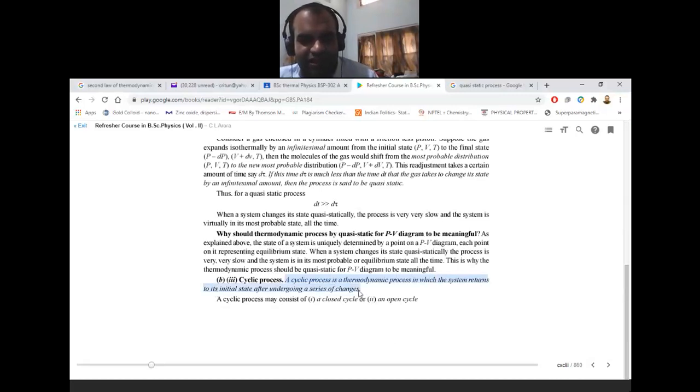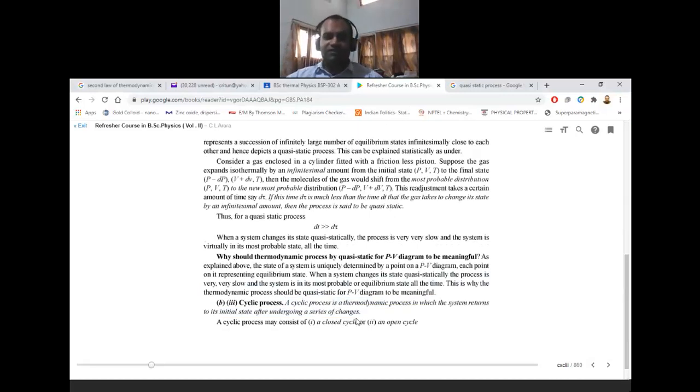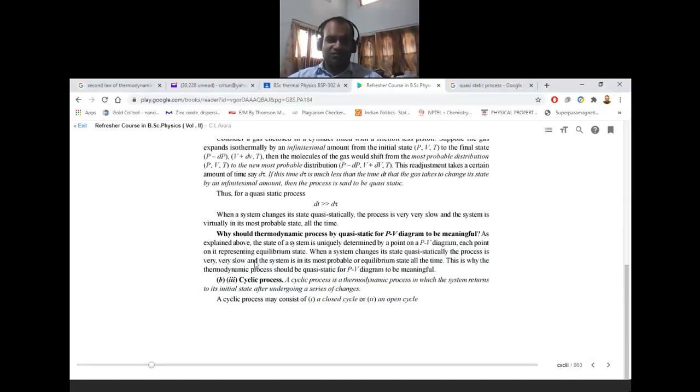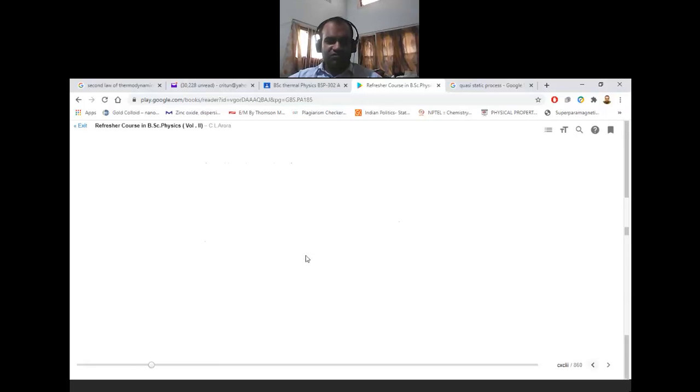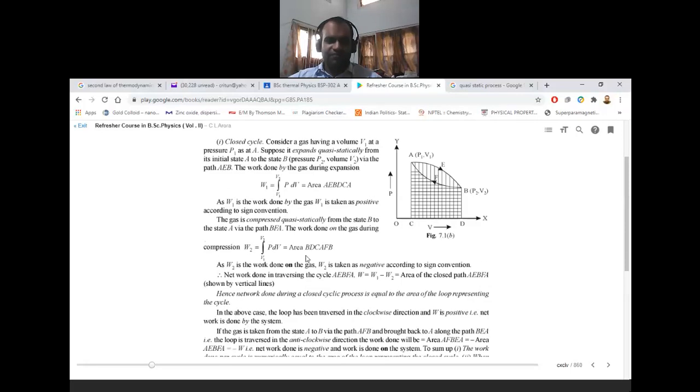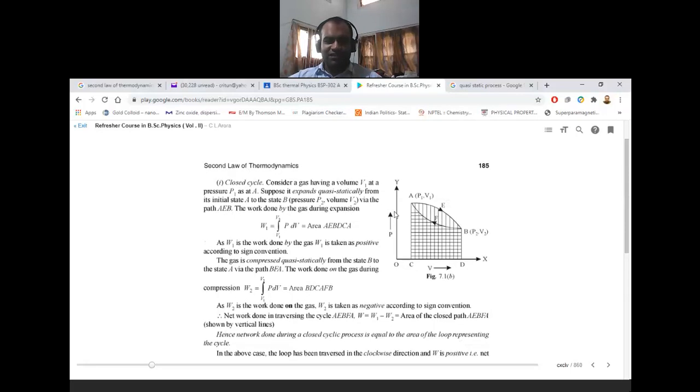A cyclic process is a thermodynamic process in which the system returns to its initial state after undergoing a series of changes. Here it is initially at A, then goes to B via the path AB, then returns back to state A via the path BFA. This type of process is a cyclic process.